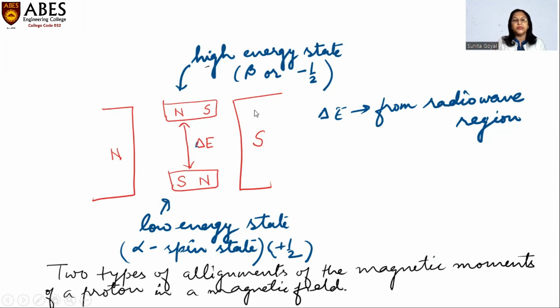So this is repulsion, while the other is the attractive state. So it is the state with lower energy, and this is the state with higher energy. There is an energy gap between the two, and this gap can be filled when radio waves from the radio wave region of the electromagnetic radiation are supplied.